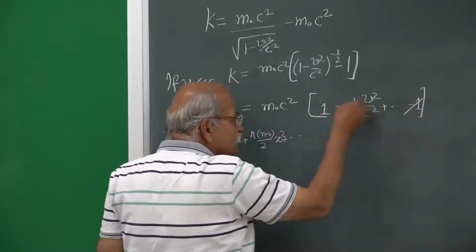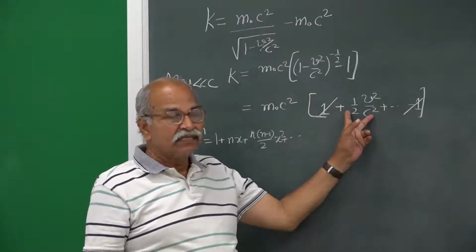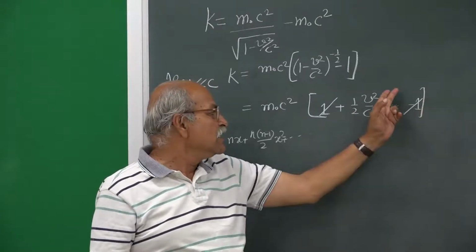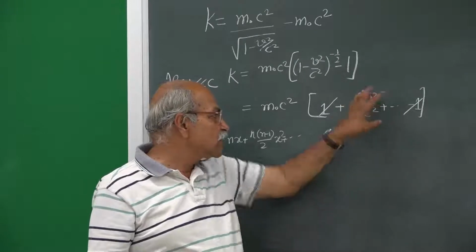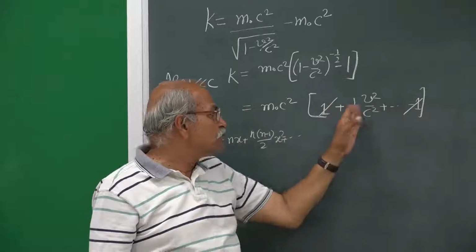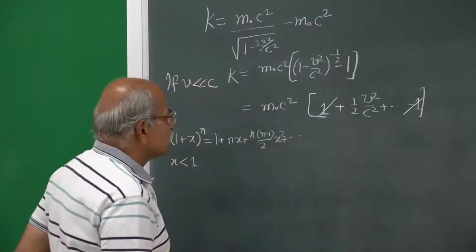This minus 1 cancels with the 1, but this remains, and therefore we need not write any other term. The next term will be v to the 4 by c to the 4, the square of this, which is already small. So, the first non-zero term we will retain, that is the way we do approximations.